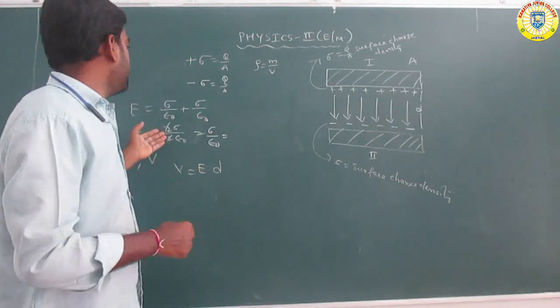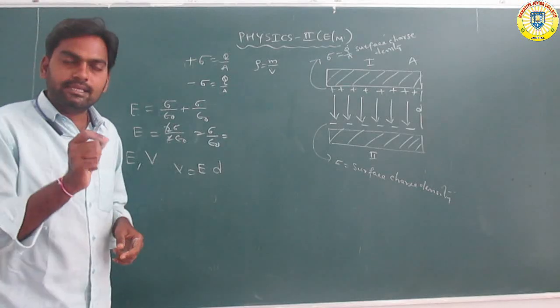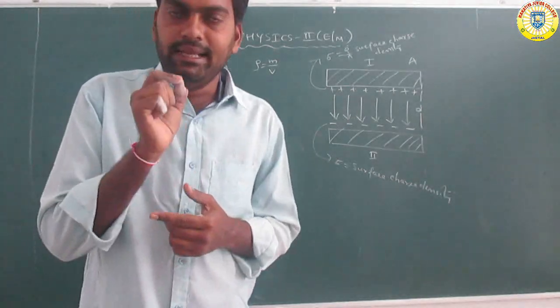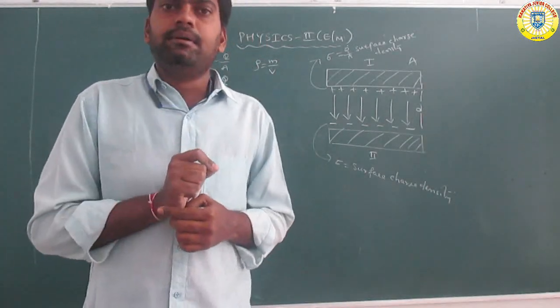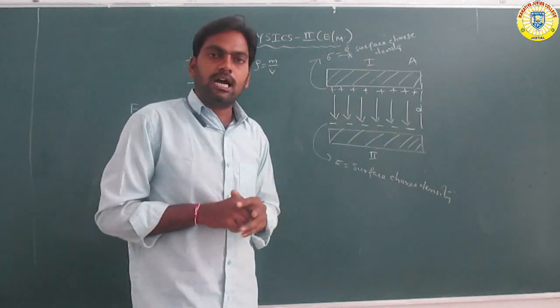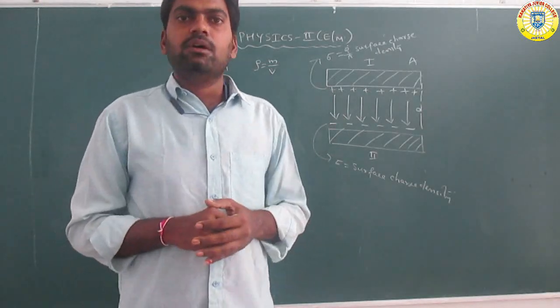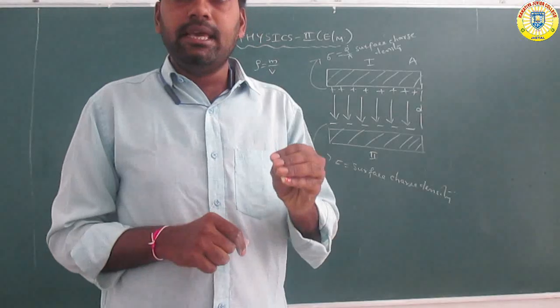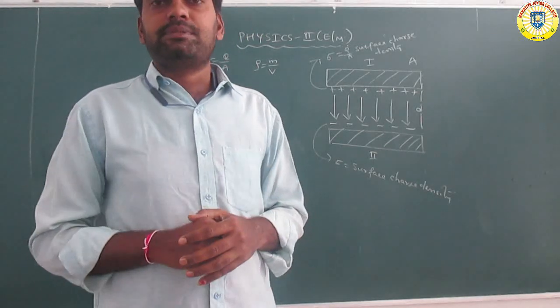E is the electric field intensity inside the two charged plates, and E is equal to sigma by epsilon.